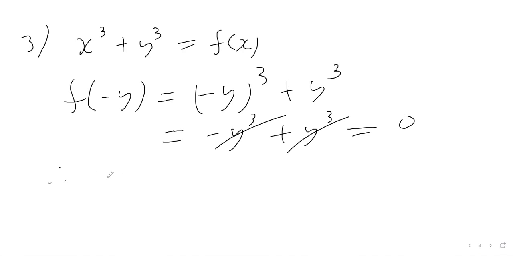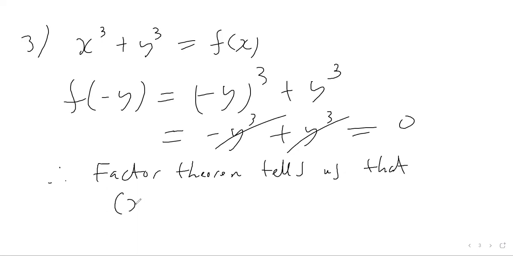So again, we can use the factor theorem. So therefore, factor theorem tells us that x minus negative y gives us x plus y. So x plus y is a factor of f of x.